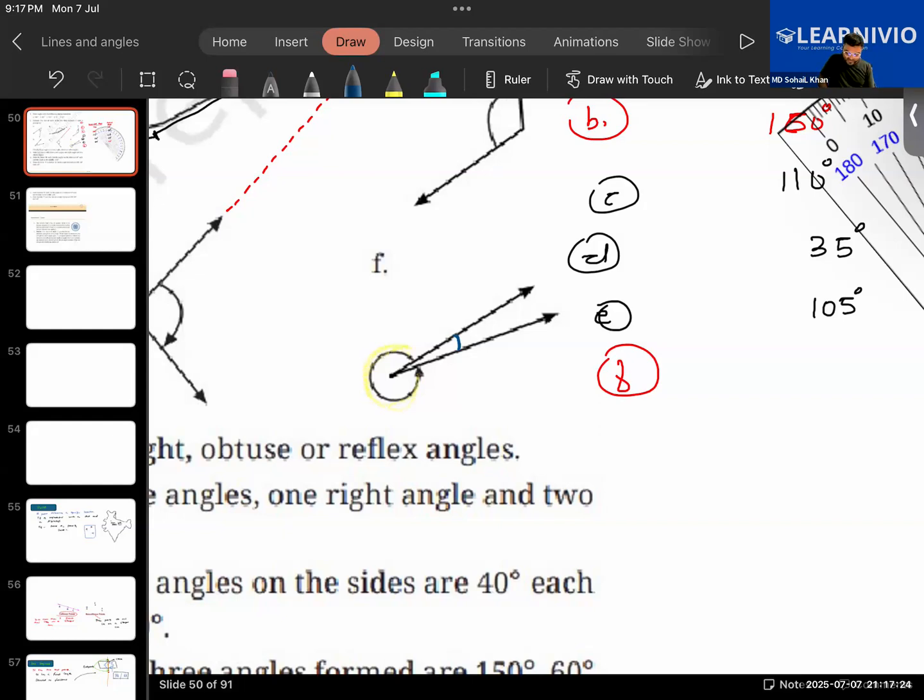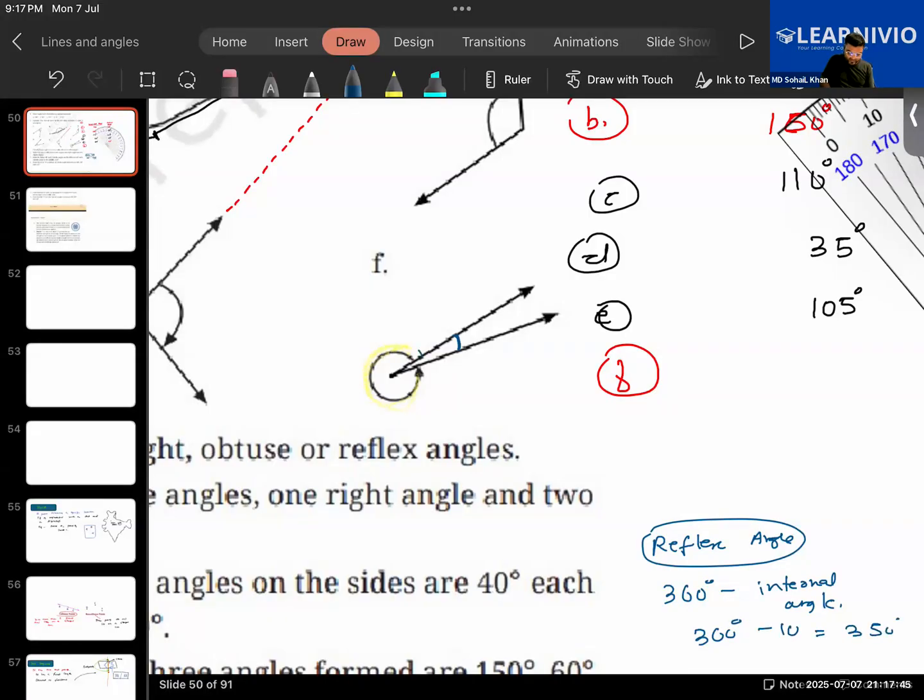Then, in order to find the reflex angle, as I told you moments ago, it is found in the following manner: 360 degrees minus the internal angle. You're getting 10 degrees. Okay, so it has to be 360 minus 10, that is 350 degrees.